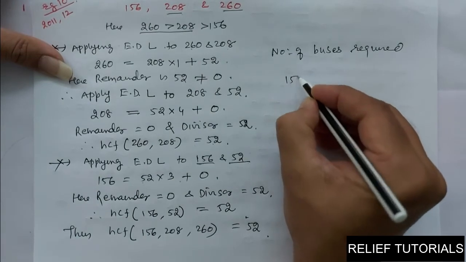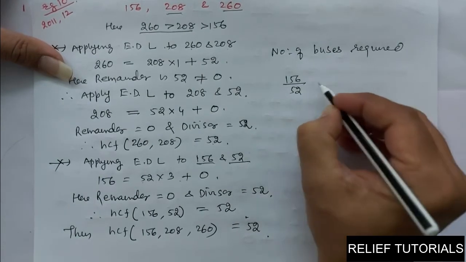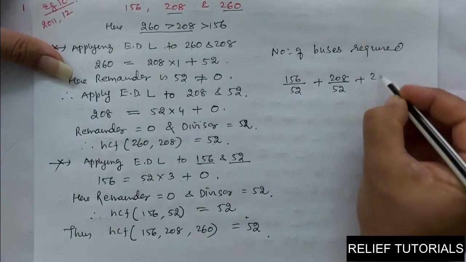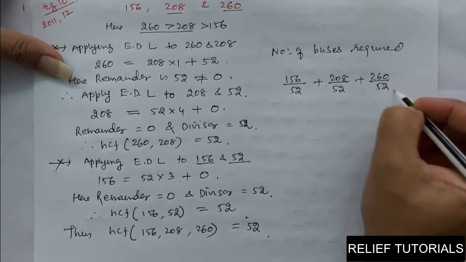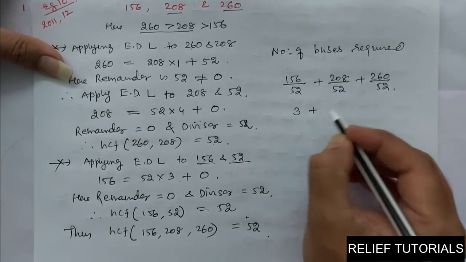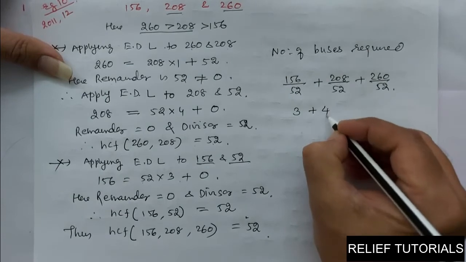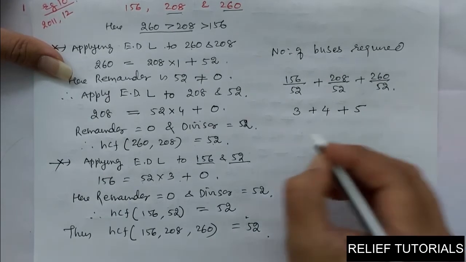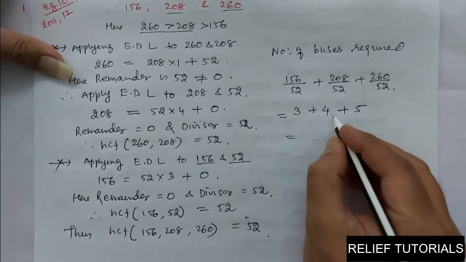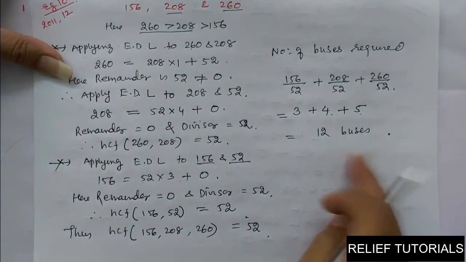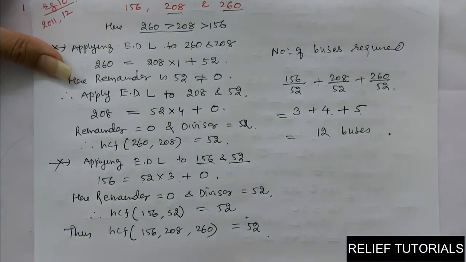So 156 divided by 52, plus 208 upon 52 plus 260 upon 52. 52, how many times it goes here? 3 times, plus here it goes 4 times, plus here it goes 5 times. Clear? So number of buses is equals to 3 plus 4 plus 5. So 12 buses are required, and in each bus there will be 52 students.